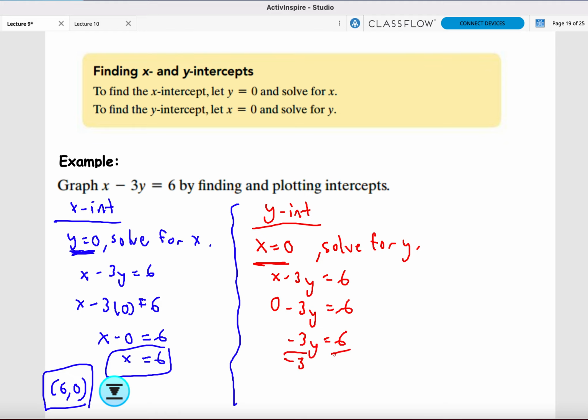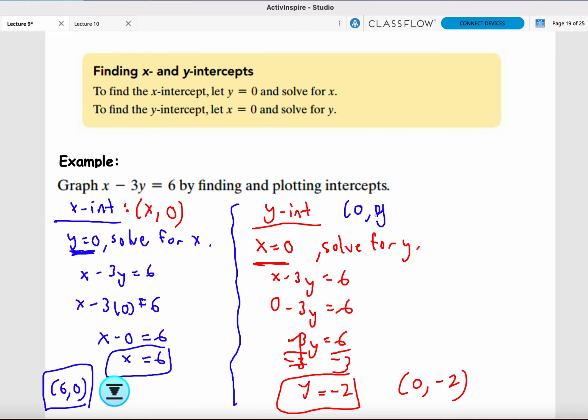Divide both sides by negative 3. That becomes a 1, y equals negative 2, so the ordered pair is (0, -2). So remember, guys, x-intercepts are always going to be (x, 0). Y is always going to be 0 for x-intercepts. For y-intercepts, x is always going to be 0, and the y-intercept is the y value. So we have the two points right here.